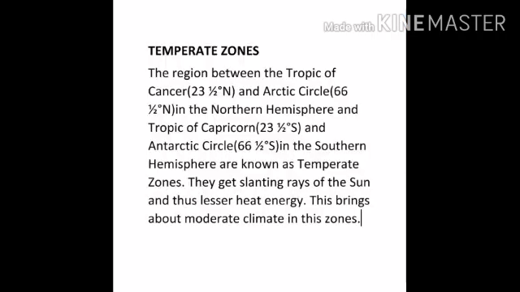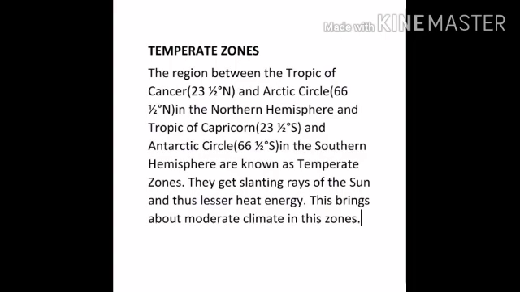The next zone is the temperate zone, which lies between the 66.5 degree north Arctic Circle and the 66.5 degree south Antarctic Circle. The area from 23.5 degree north Tropic of Cancer to 66.5 degree north Arctic Circle, and from 23.5 degree south Tropic of Capricorn to 66.5 degree south Antarctic Circle is known as the temperate zone.